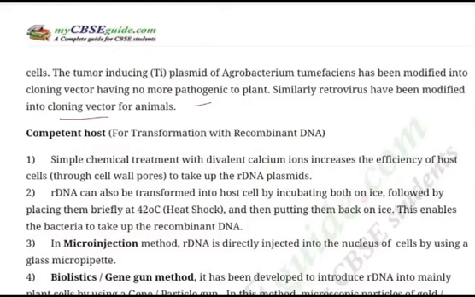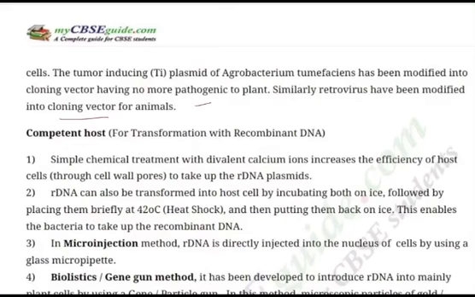And the second characteristic, selectable markers, that is, antibiotic resistance genes. Selectable markers are required to identify and eliminate non-transformants and selectively permit the growth of transformants. Just now I said how to differentiate blue and white, transformants and non-transformants.